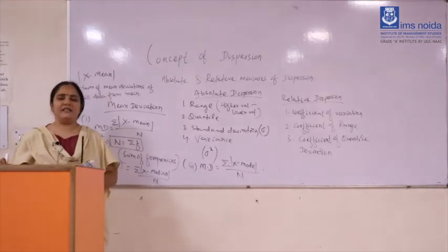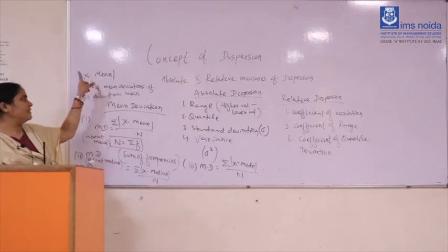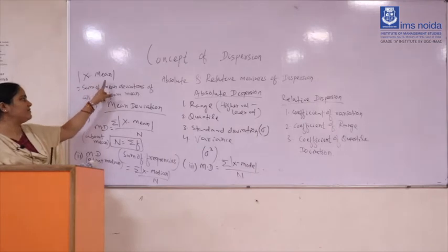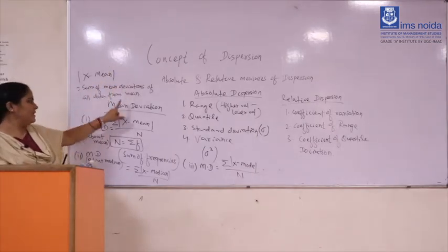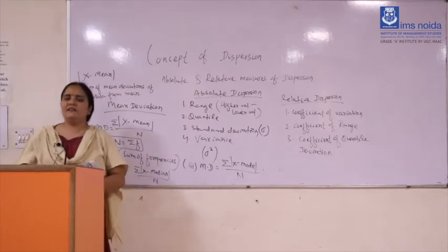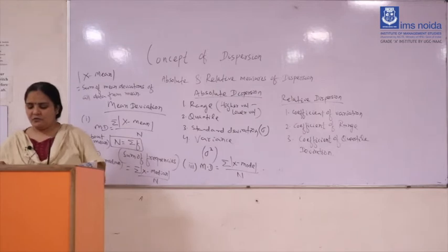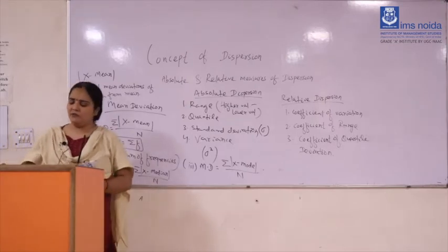After finding the median value, you take x minus median, then the absolute value. That means from the median value you first find the deviations, then sum the deviations, then divide by capital N, and you will get the mean deviation. So this is all about mean deviation about mean, about median, and about mode.